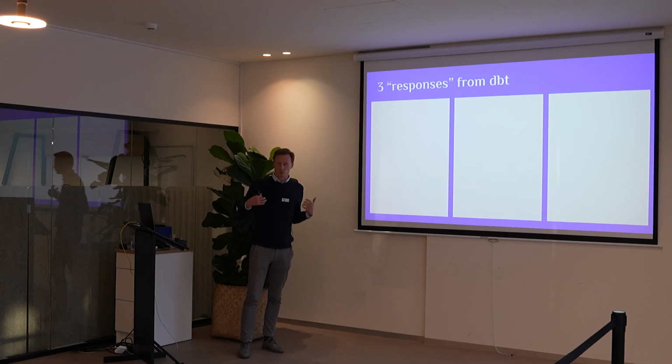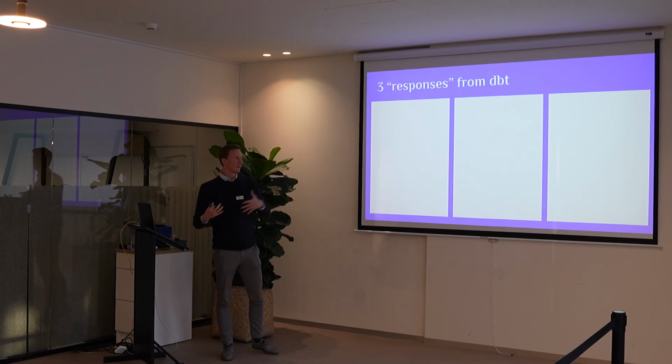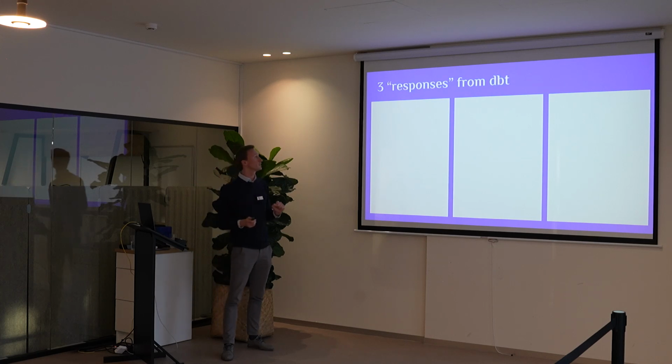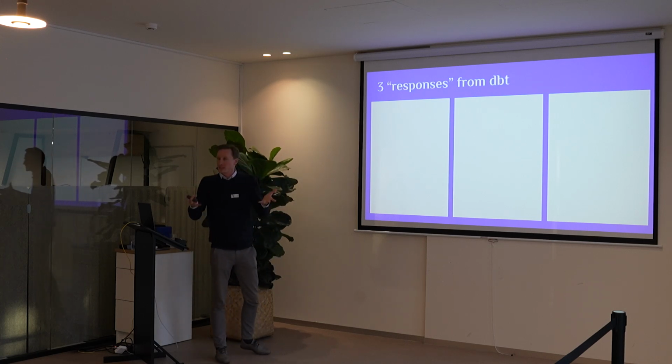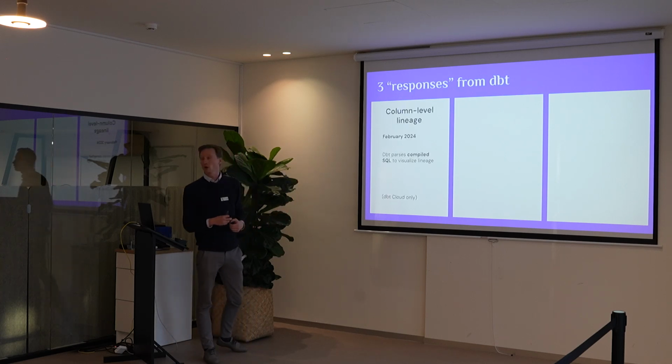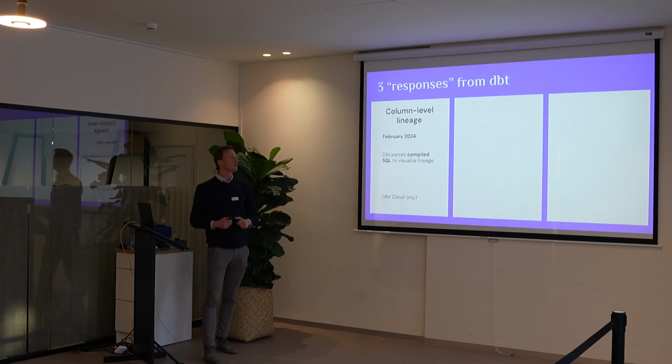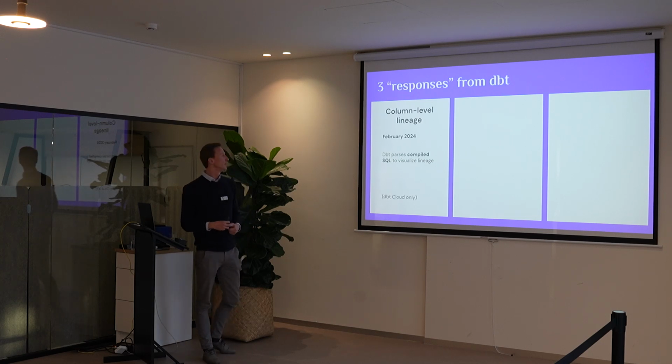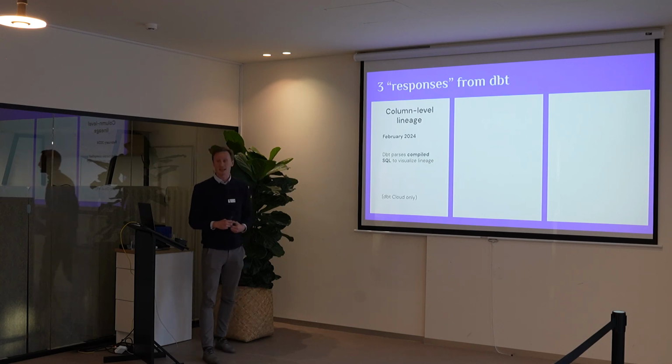Zooming back out to the whole story, DBT has also been noticing these changes, even by their smaller competitors. And they have done several things which you could say maybe were a response to these things from SQLMesh. And one is column-level lineage. Actually, DBT does have column-level lineage. They introduced it in February last year, but it's not quite the same.